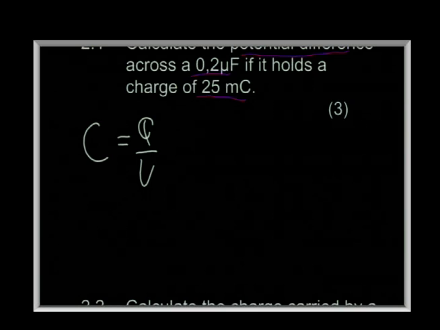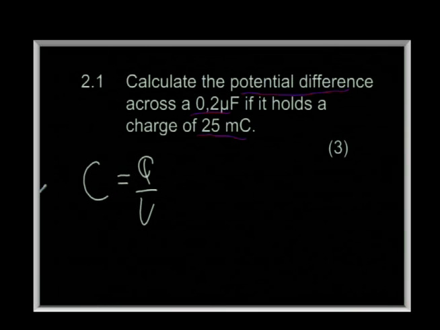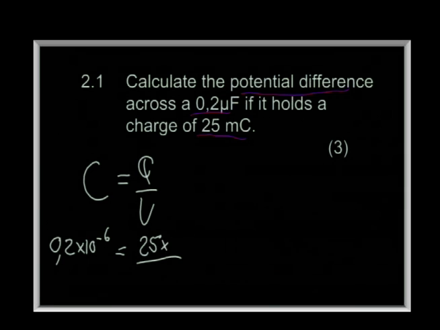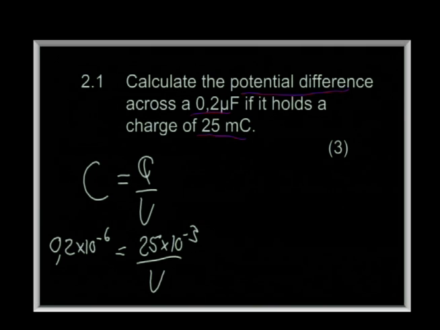Remember what I said before? Make sure you substitute. We know that the capacitance is 0,2 microfarads. Micro times 10 to the minus 6 is equal to, the charge is 25 milli times 10 to the minus 3, and we don't know what the potential difference is.